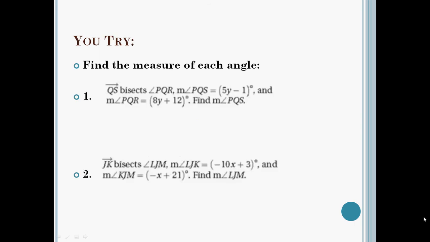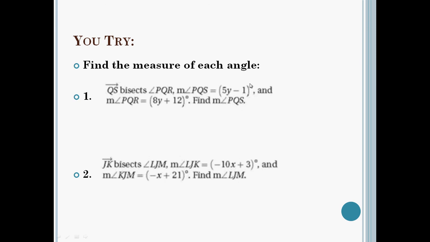Here are two problems for you to try. Since there are no pictures, try drawing a diagram. Make sure that you draw PQR as your large angle. From the vertex Q, you'll make a bisector in the middle, QS.